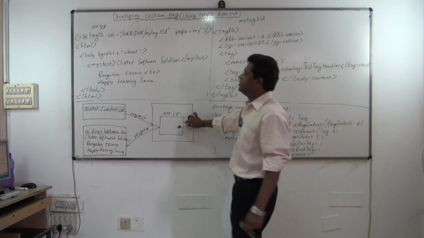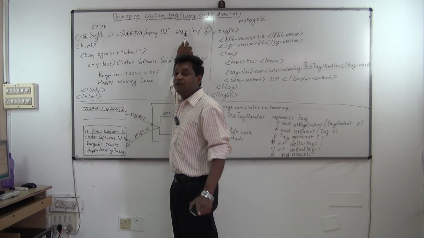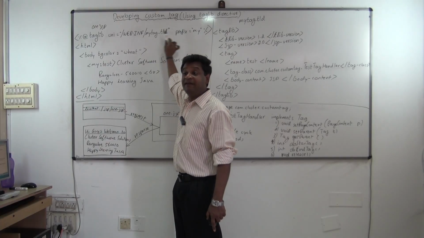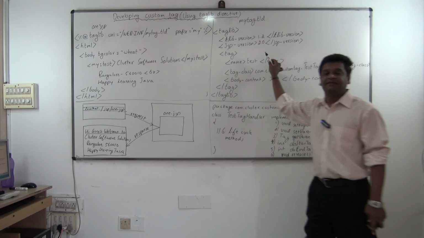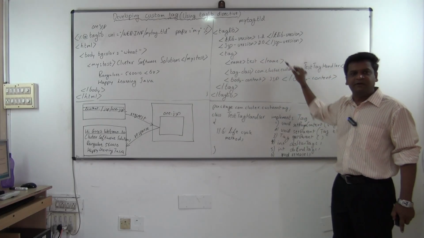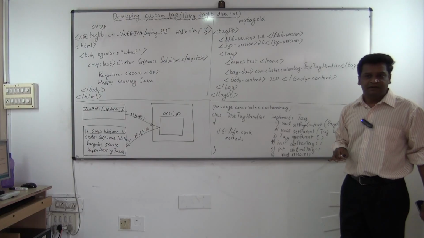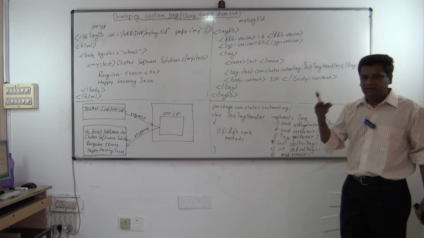So when you make a request to your JSP and the JSP encounters this tag, the prefix will be identified. Why is the prefix used now? Prefix is used for identifying what? The TLD file. And the suffix is used for identifying what? Once the TLD is identified, it will be used for identifying the class. So both prefix and suffix are needed. That's the reason custom tags have a prefix and a suffix.